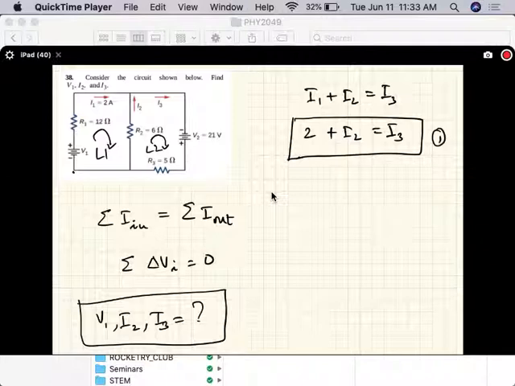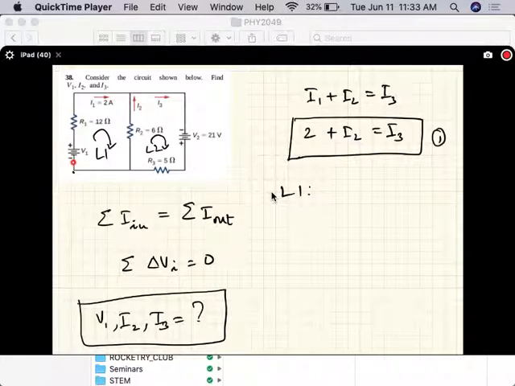All right. So that's the junction rule. Now let's do the loop rule. I'll do loop 1. I'll start from here and go around like this.